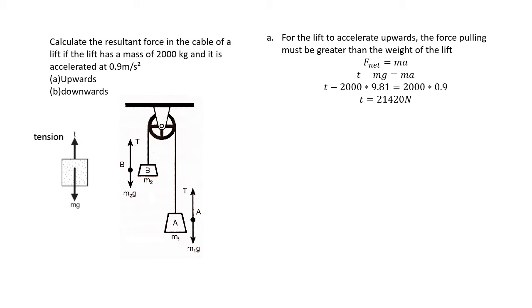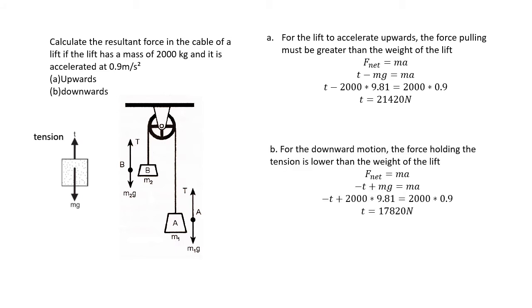So we have the net force here equal mass times acceleration, but net force is also equal to the tension minus the weight. So the tension must be greater than the weight to pull the lift up. And here we rearrange the equation and solve for the tension, which is 21 kilonewton.